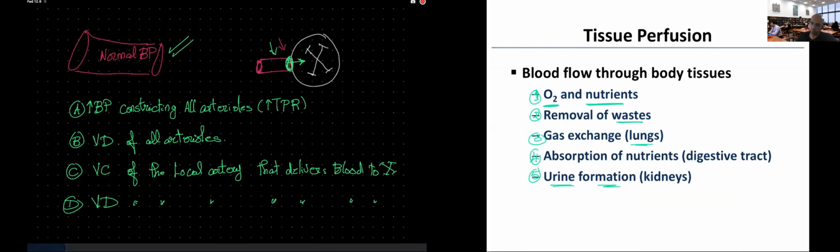All right, so what's going to happen if you constrict this vessel? If I constricted this vessel, what is your problem? Your problem is that you're not getting enough blood. So I have a reduction in my tissue perfusion.